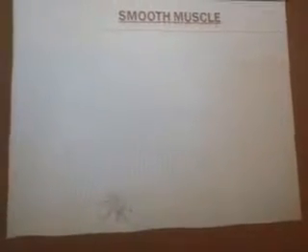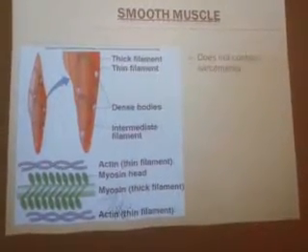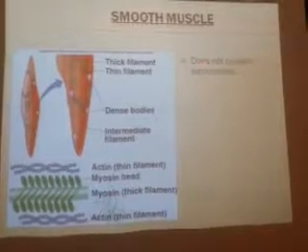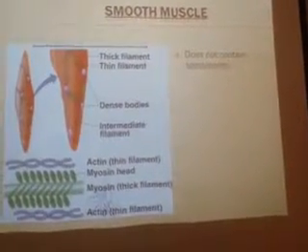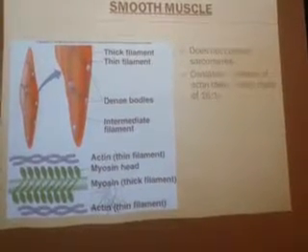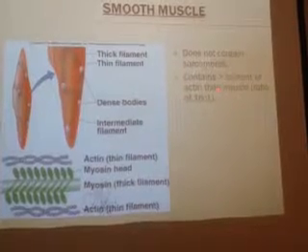Now the differences between smooth muscle and skeletal muscle. The most important thing is that smooth muscle does not contain sarcomeres. It contains more actin than myosin.